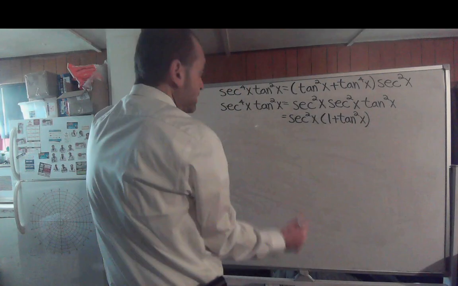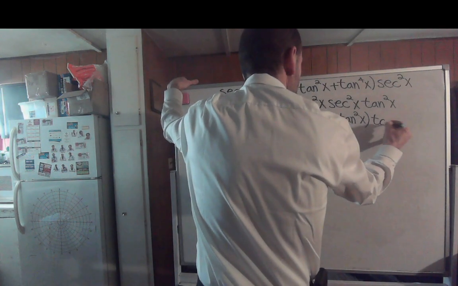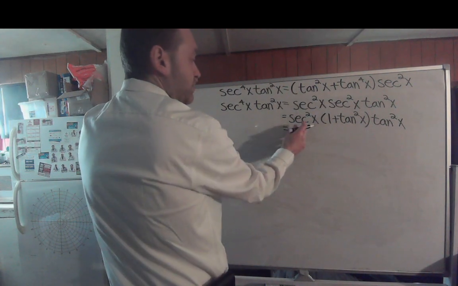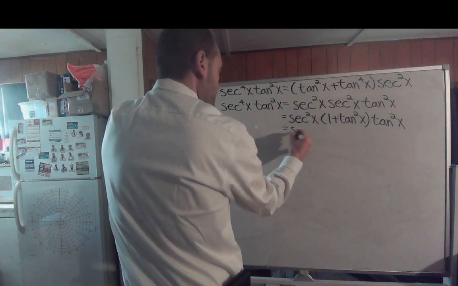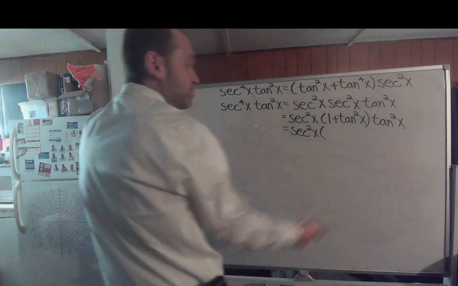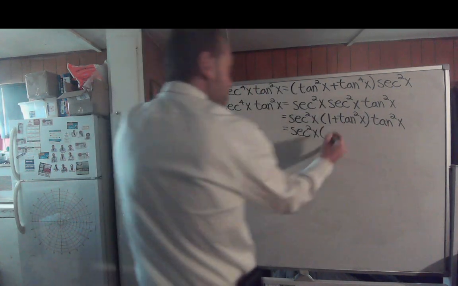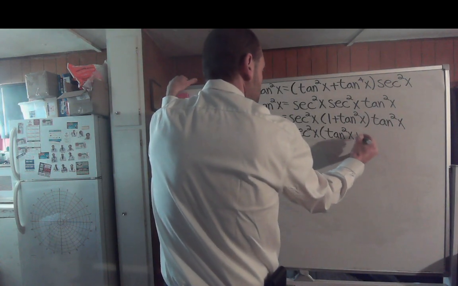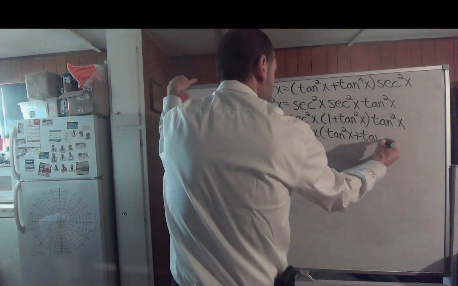You would have that then times the tangent squared of x. Now you leave your secant squared of x alone. Now distribute that tangent squared of x, and you'll end up with the tangent squared of x plus the tangent fourth of x.